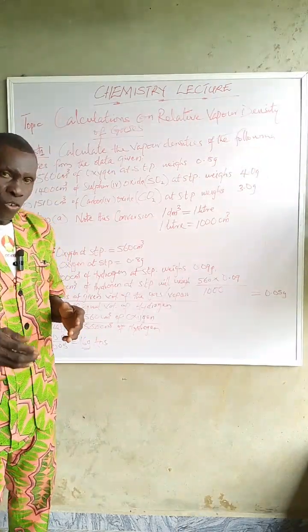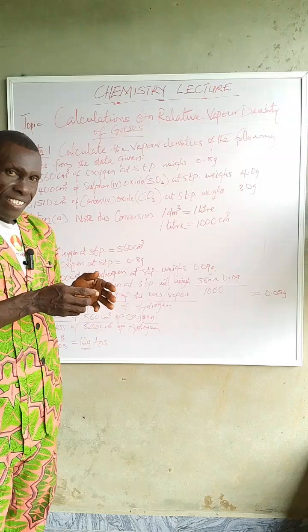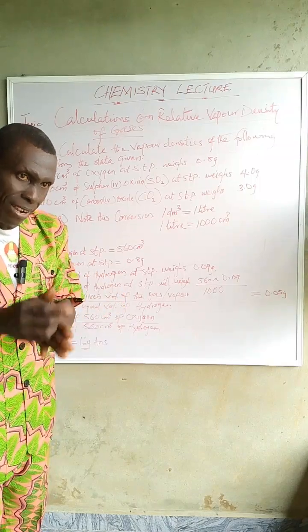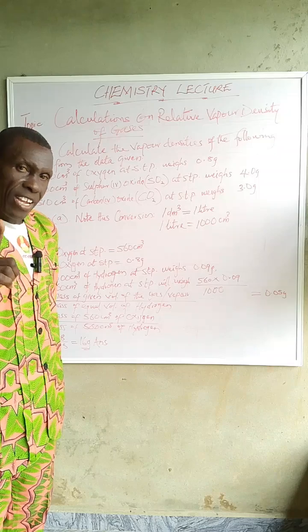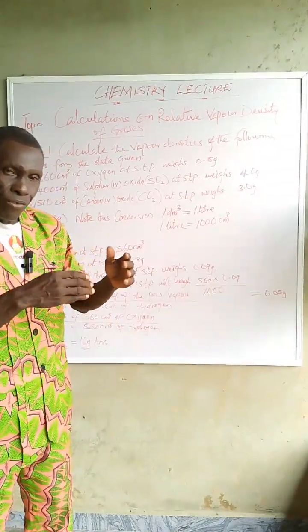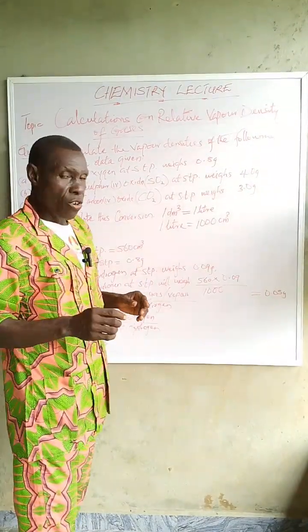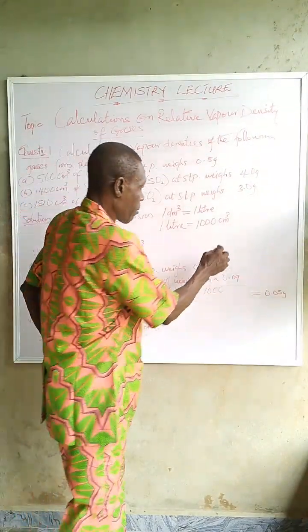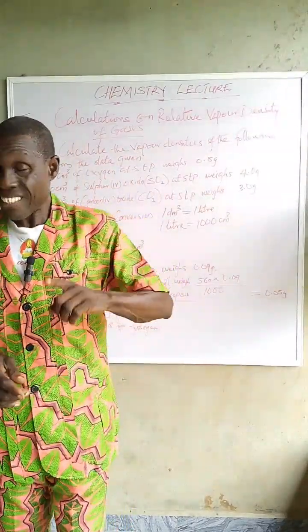Now look at it. We said 2 times vapor density is relative molecular mass. Now, 1 atom of oxygen weighs 16, meaning the atomic mass of 1 atom of oxygen is 16. So if there are 2 oxygen atoms, it is 2 times 16, which gives you 32.